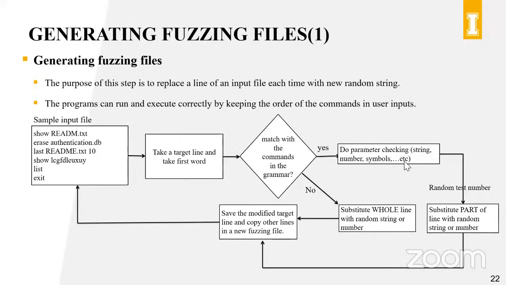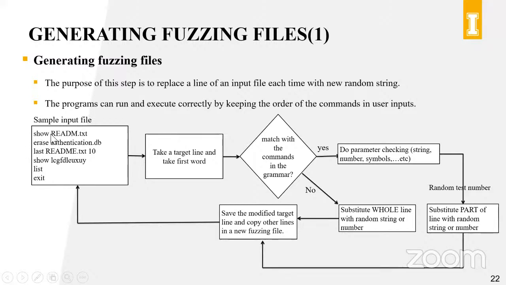We are going to change only part of a line, like selecting the command or one of the parameters and then changing them or putting in the fuzzing string with different lengths, and then save the modified target line and copy the other lines that come after it.